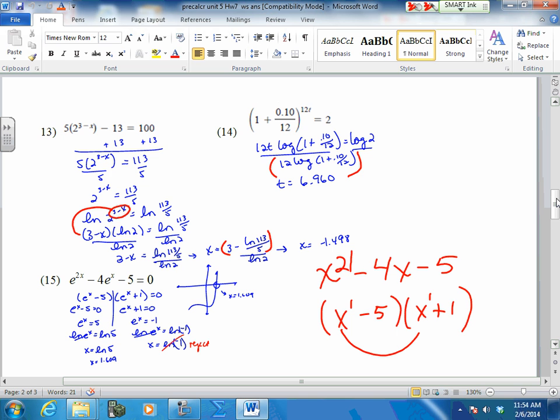So technically you take this and you divide it in 2, because you wanted 2 equal parts. So technically you take this exponent, you divide it by 2, and what do you get? x. So both of these are e to the x. e to the x minus 5, e to the x plus 1. It gives you 2 sets of factors.